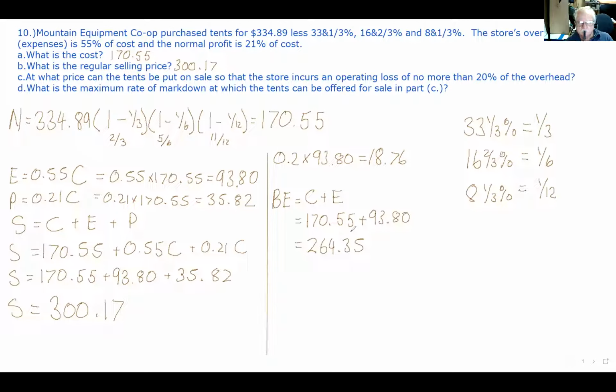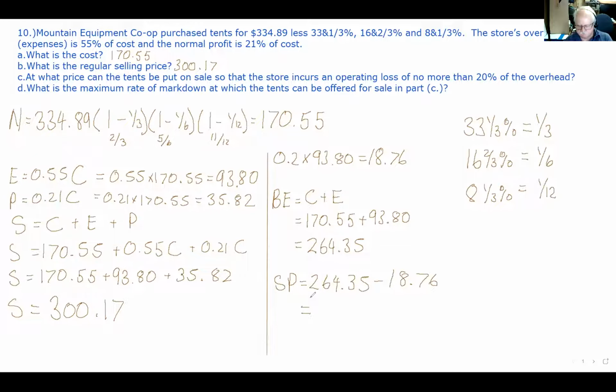Now, if they're making a loss of 18.76, then we can find the sale price. So sale price equals 264.35 minus this 18.76.